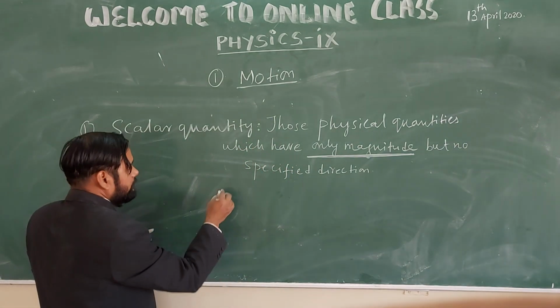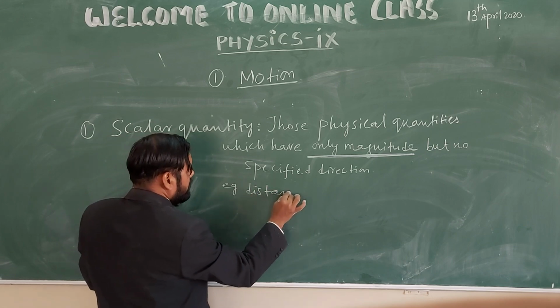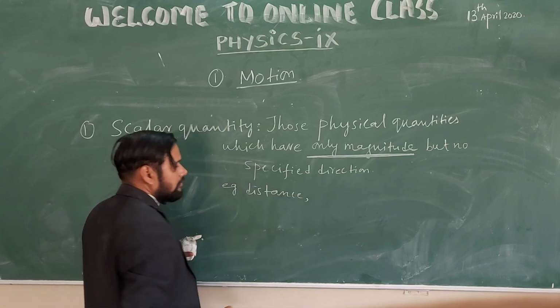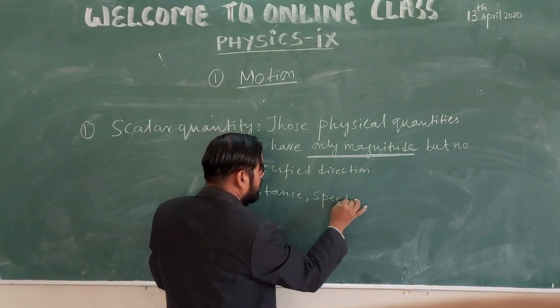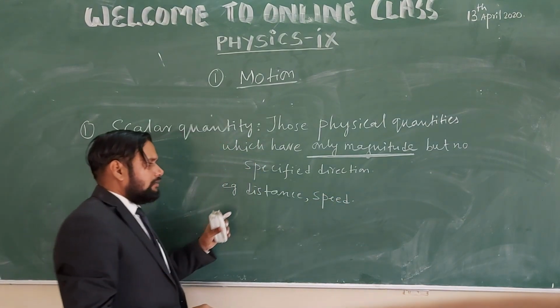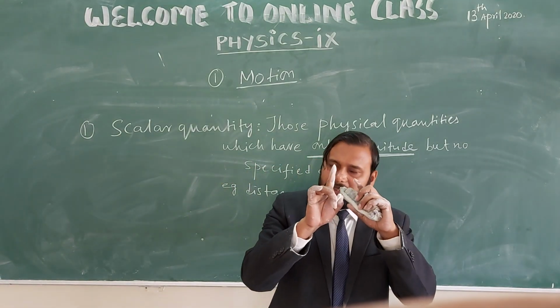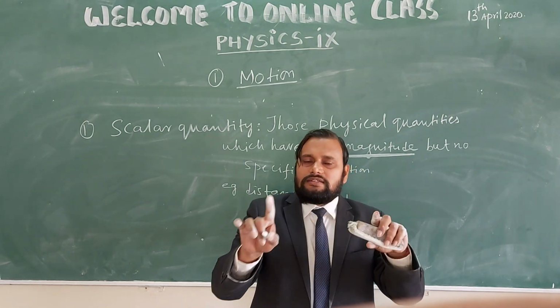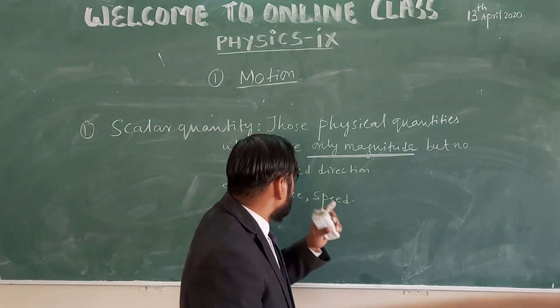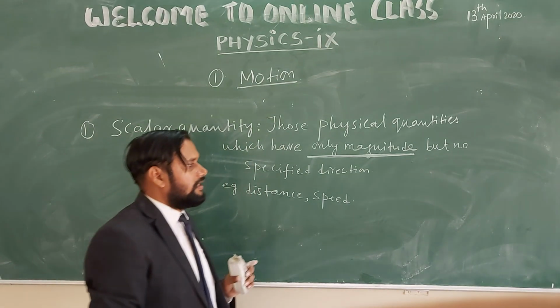For example, distance, speed. These are some scalar quantities which have only magnitude, only value, but no direction. Understood?